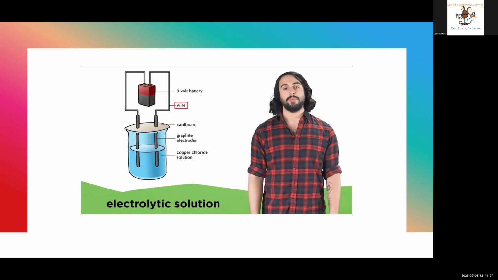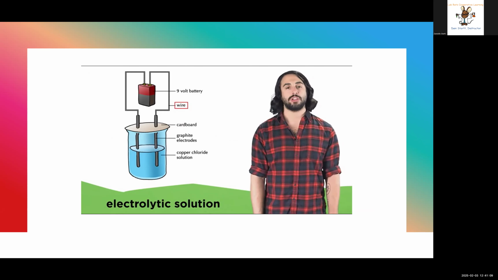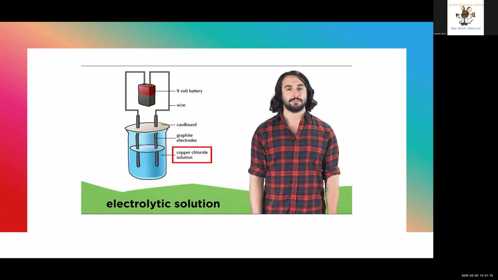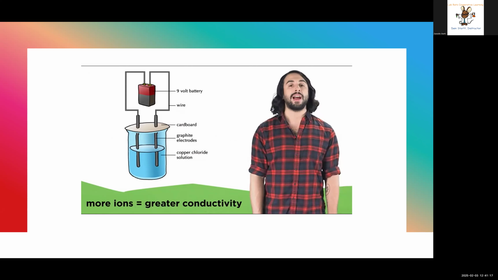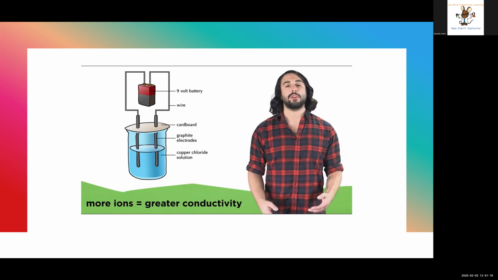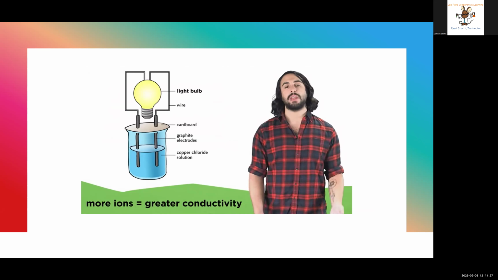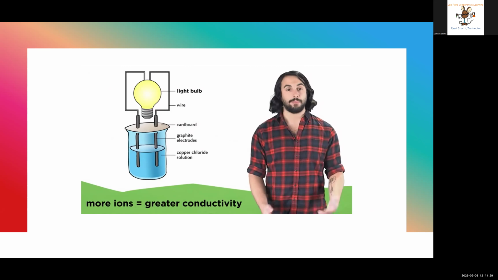In a solution, these freely mobile charged species are the ions that result when a substance dissociates. The more ions there are in solution, the greater the conductivity and the stronger the electrolyte. And we can measure the current flow or simply observe the brightness of a light bulb included in the circuit to gather this kind of data.